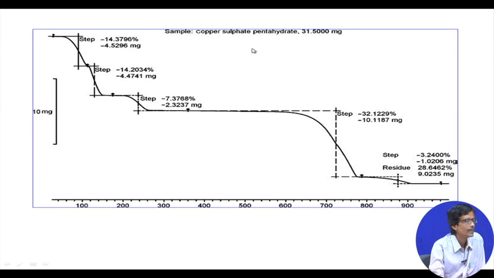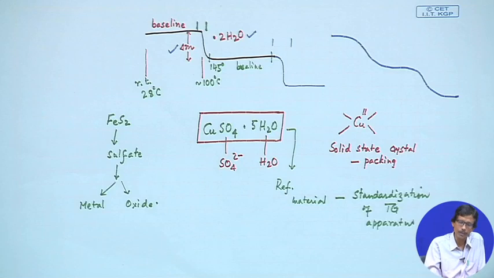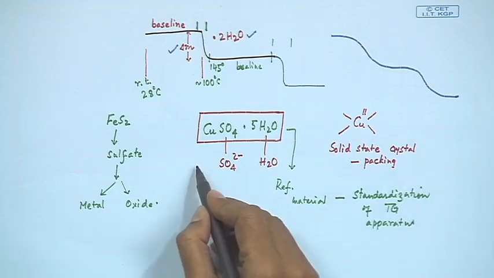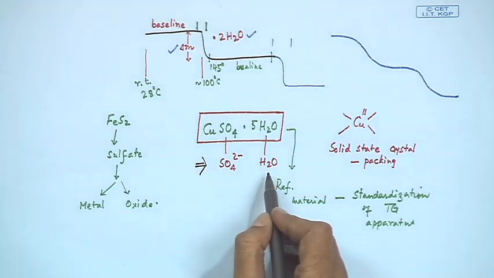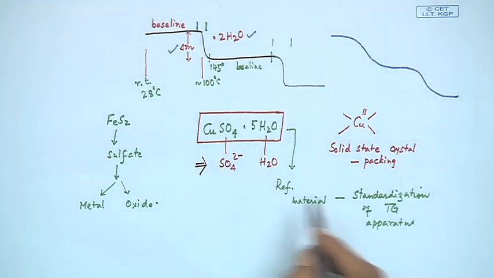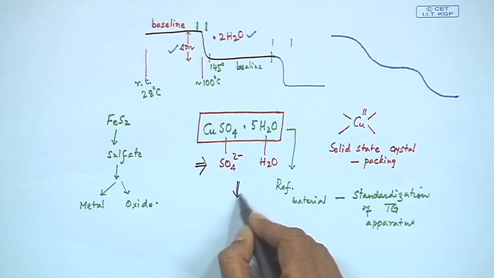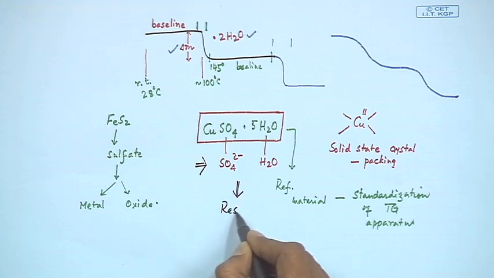So, analyzing these things, if a pure sample of copper sulfate pentahydrate is given to you, and as I just told you, we can have the corresponding weight losses. These two, the loss of sulfate as well as the loss of water molecules, can be your choice, and what the corresponding residue is, that also we should think.